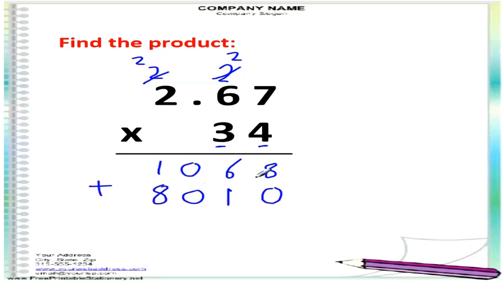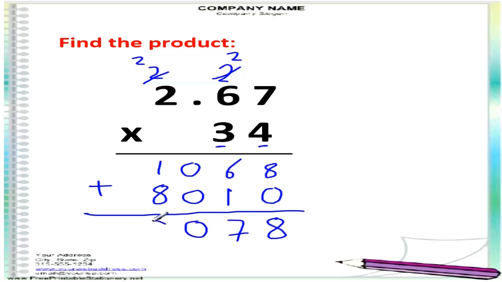I will add the 2 partial products. 8 plus 0 equals 8. 6 plus 1 equals 7. 0, 1 plus 8 equals 9.